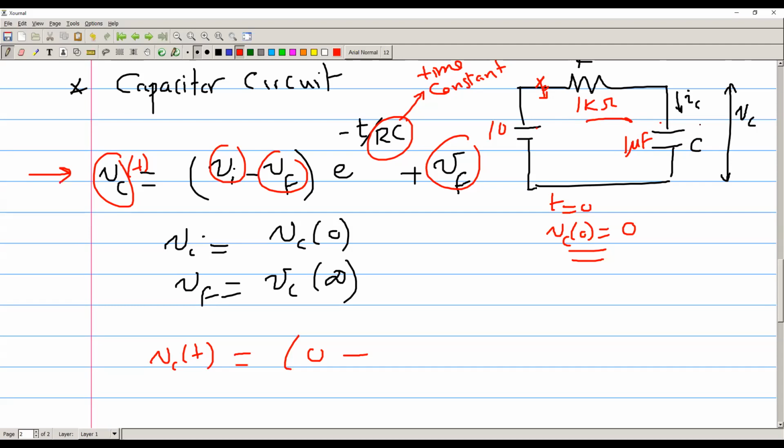After this capacitor charges to 10 volts, that's it. The current over the resistance will be 10 minus 10 over R, which is 0. There will be no more charging. So the final value will be 10 volts. The time constant here will be tau, which is equal to R times C. And the final value, as we said before, is 10.